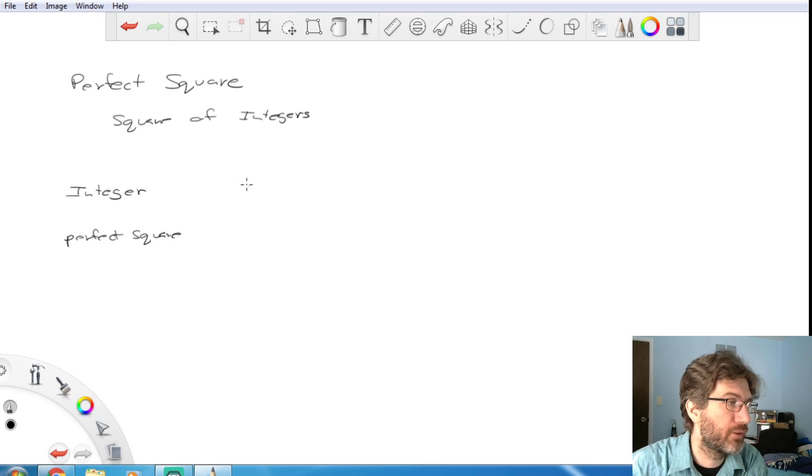So for example, our integer being 1, then 1 squared would be a perfect square, which is 1.